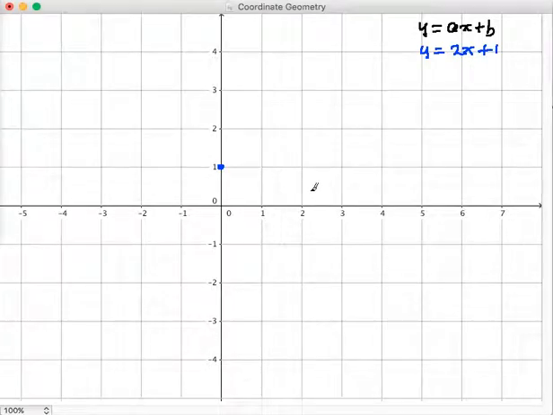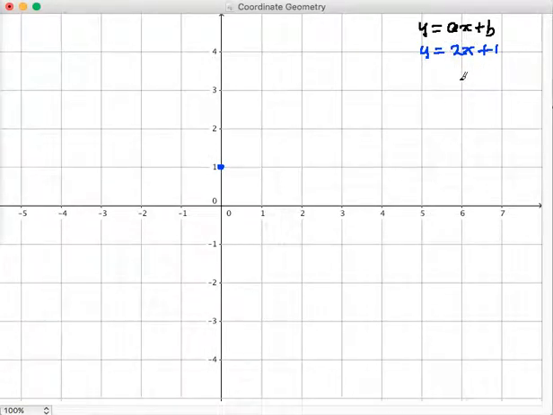And sabi ni Euclid sa The Elements, we only need 2 points to determine a line. So isang point na lang, meron na tayong isa. Ang pwede nating tignan dito is yung slope na 2. Ibig sabihin ng slope na 2, if we move to the right 1 unit, we move 2 units pataas.